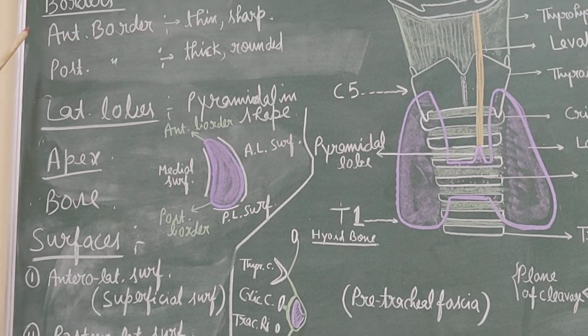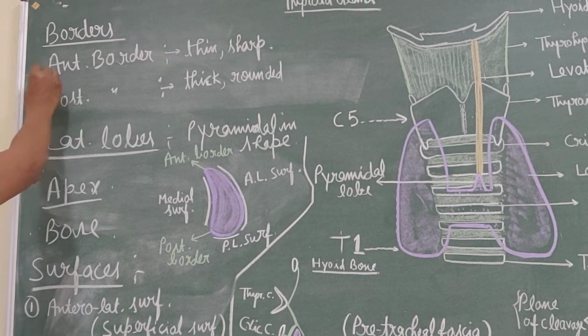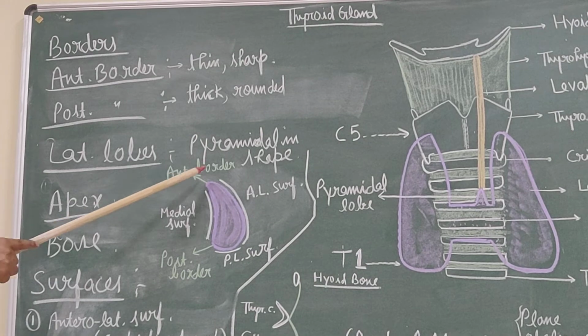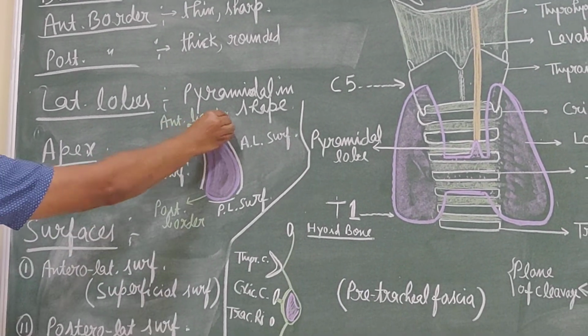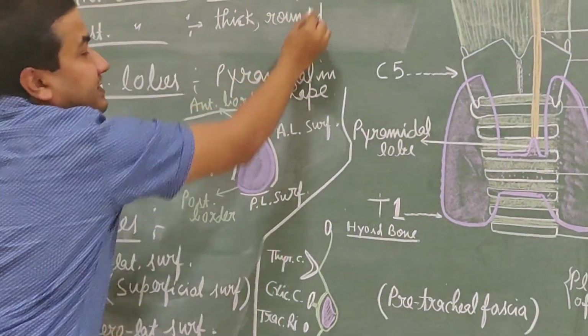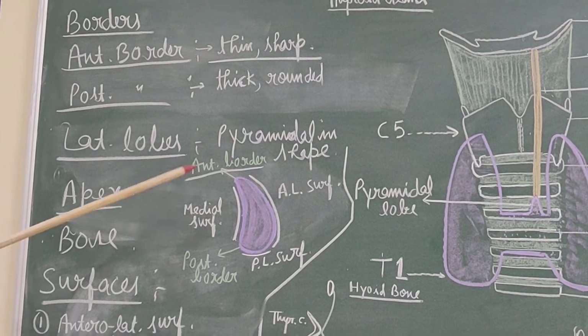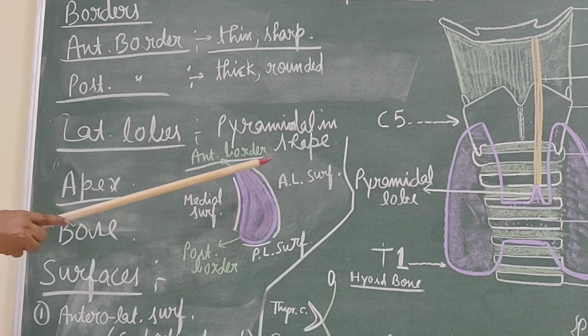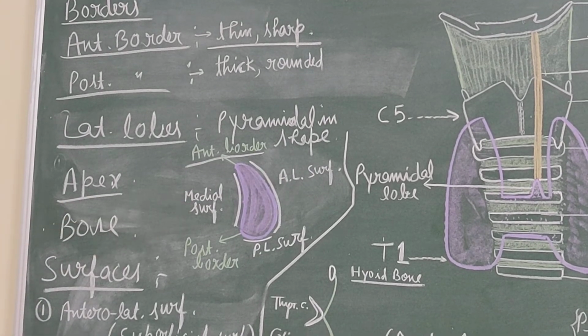Now each lobe has two borders: the anterior border and the posterior border. The anterior border is thin and sharp, and it separates the anterolateral surface from the medial surface.